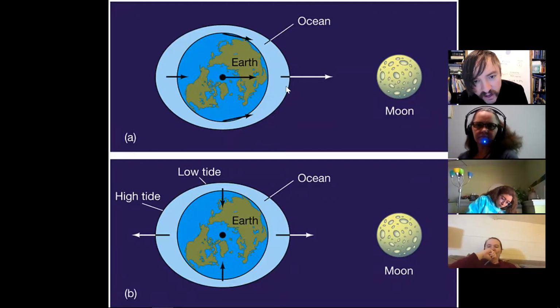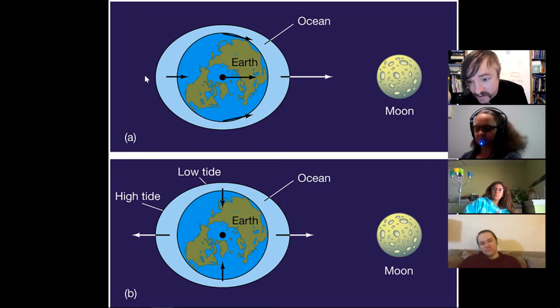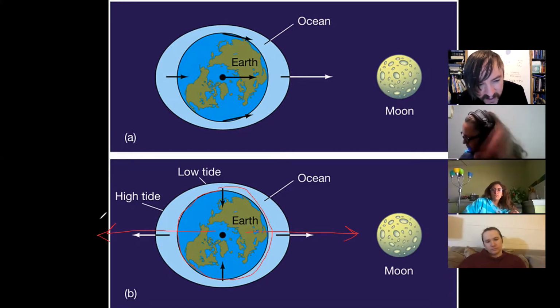And that causes the oceans to bulge both in the direction of the moon and opposite the moon as well. Now, if you think about it from an Earth-based reference frame, Earth can feel the 30 Newton differential across its body, so it kind of feels like it's being ripped side to side apart. And that's what makes the bulge also occur away from the moon.